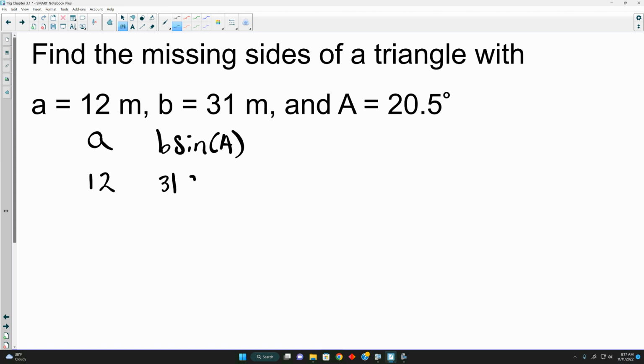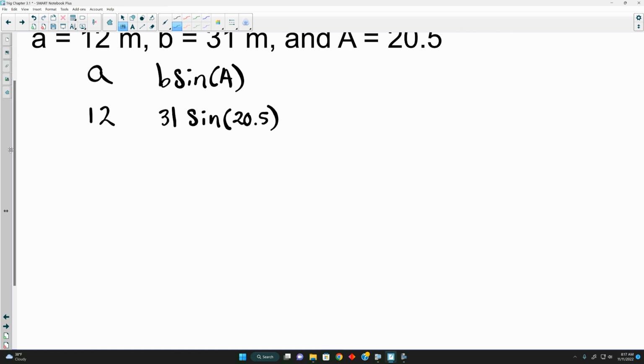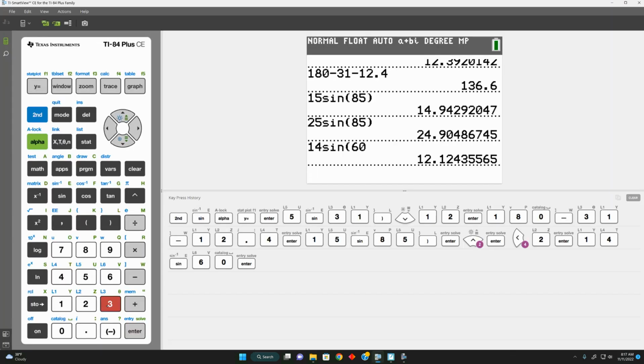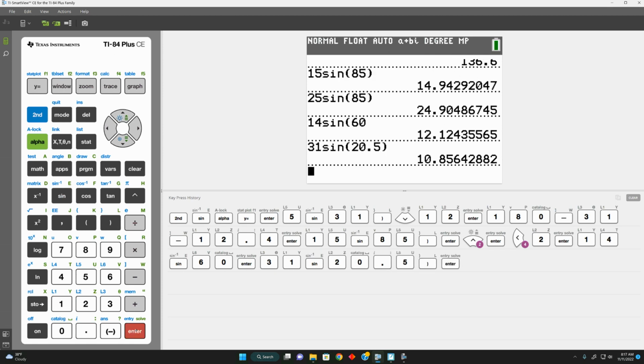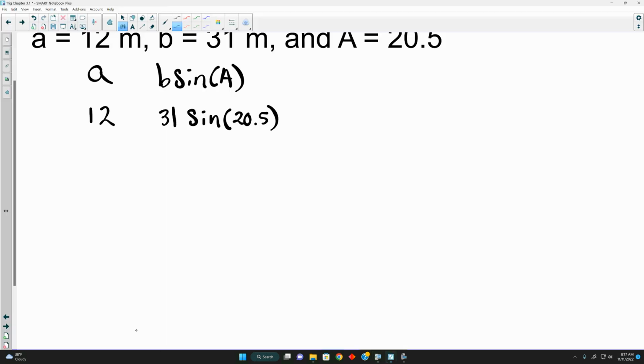We have 31 sine of 20.5. So again, we can do 31 sine of 20.5. And this time we get 10.856, and so on.